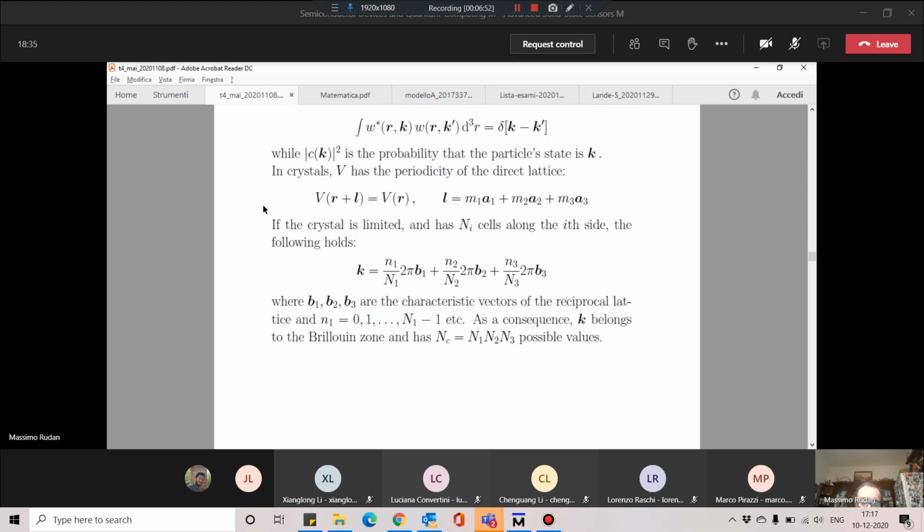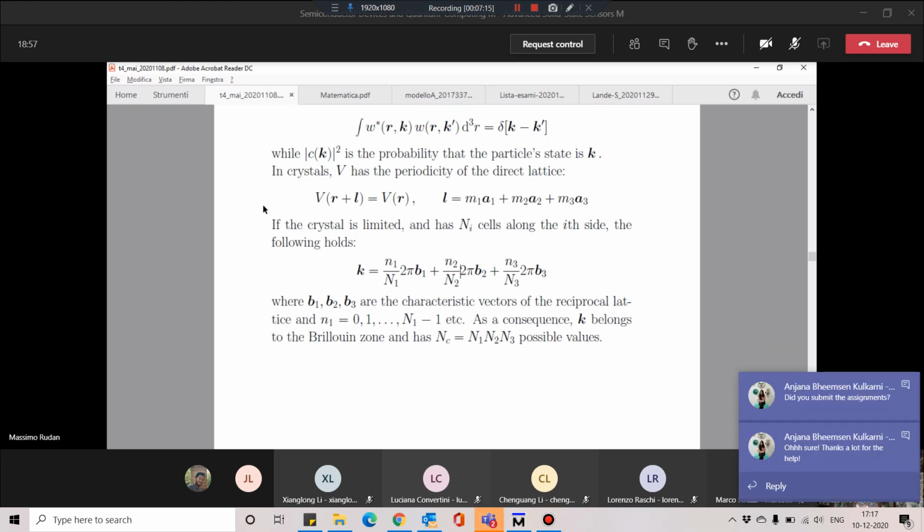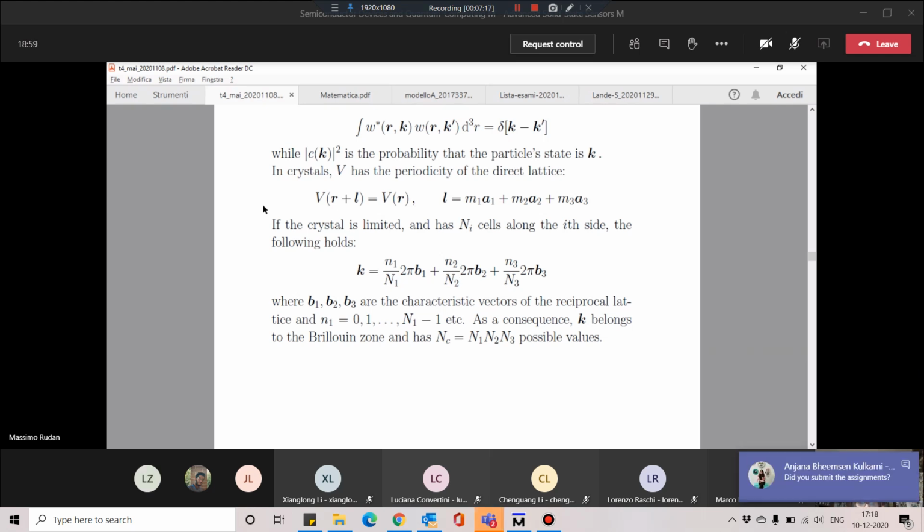And the second consequence is that the total number of distinct k vectors in the Brillouin zone is capital N_c, that is the product of N1, N2, and N3, and is also the total number of cells of the direct lattice. That means in practice that the k vectors, although discrete, are many.